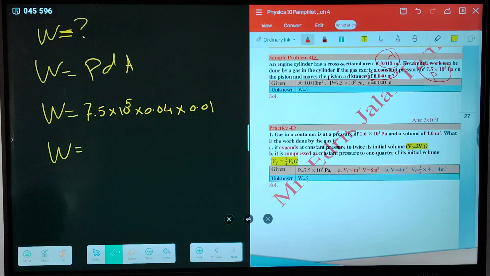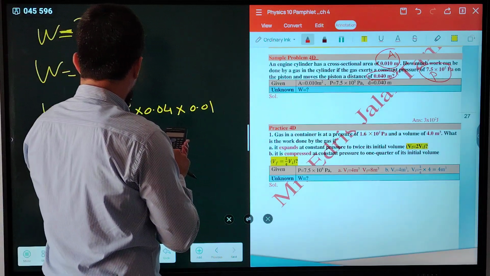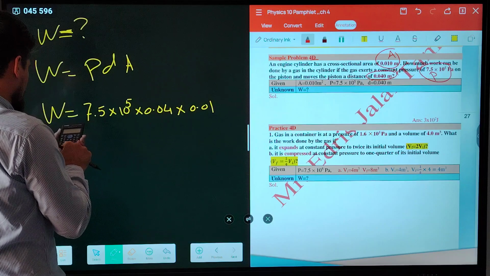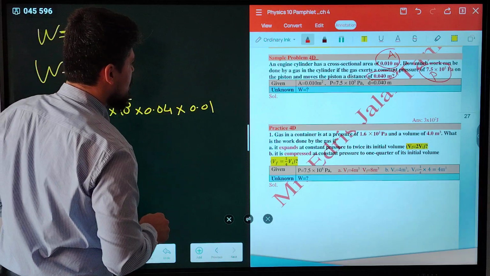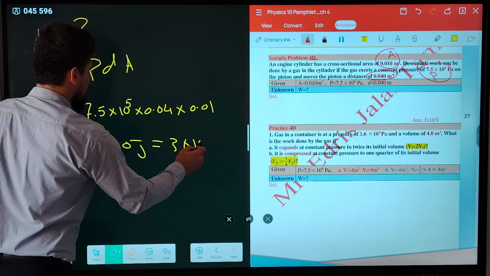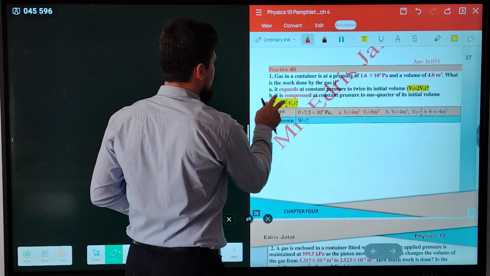You can use your calculator to find the final result. 0.01 times 0.04 times 7.5 times 10 to the power 5. I got 300 joules, or 3 times 10 to the power 2 joules.